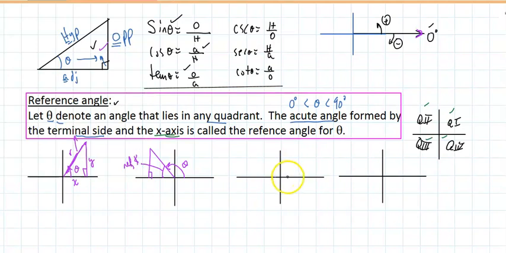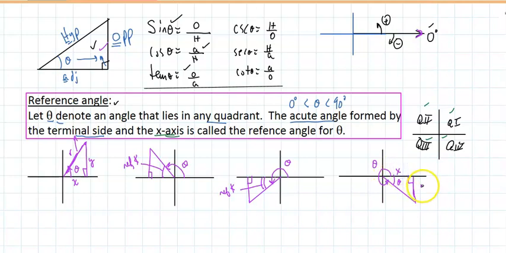If I happen to rotate and I'm in quadrant 3, if theta happened to be right there, then that's the terminal side of theta. I'm going to run from that angle to the x-axis, and this right here would be my reference angle, always positive. And if I happen to rotate an angle and I'm in quadrant 4, let's say that's theta, so the terminal side associated with theta is right there, and I will run from that angle to the x-axis, forming a triangle.